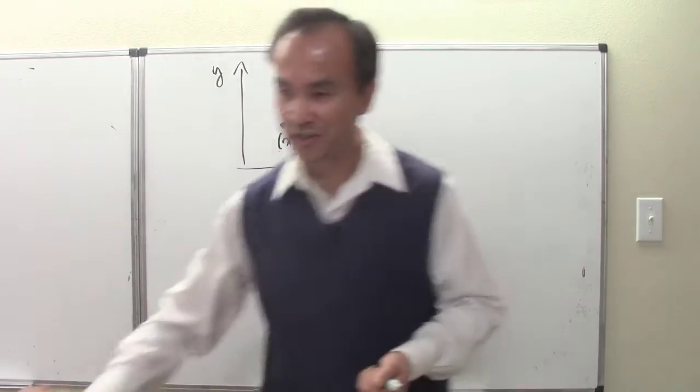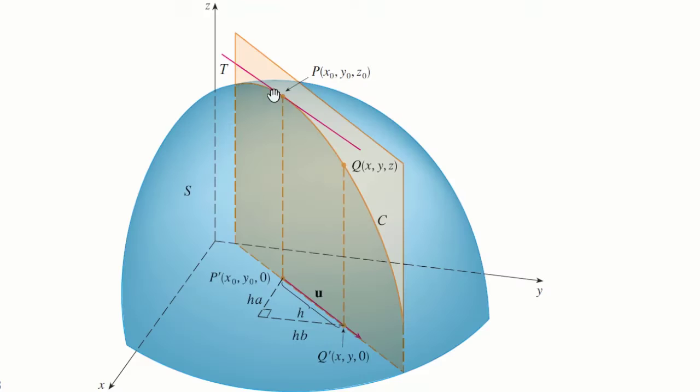Back on the picture that I was showing, the whole idea is always about right from that point, if we pick an h distance, so that's why the picture here is describing it as the distance h. The distance h here is not necessarily the length of the vector u, because the length of the vector u is always 1. But h is some distance along this line. h is some distance along that line away from the point x sub 0, y sub 0.